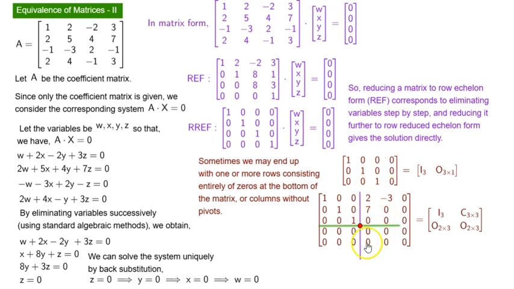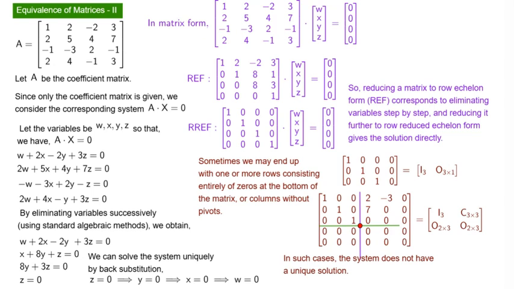So all these are row reduced echelon forms. In such cases where we have rows consisting entirely of zeros or columns without pivots, the system does not have a unique solution.